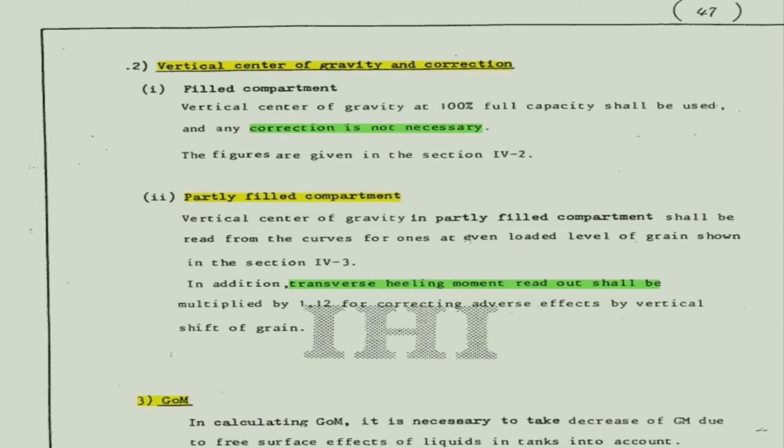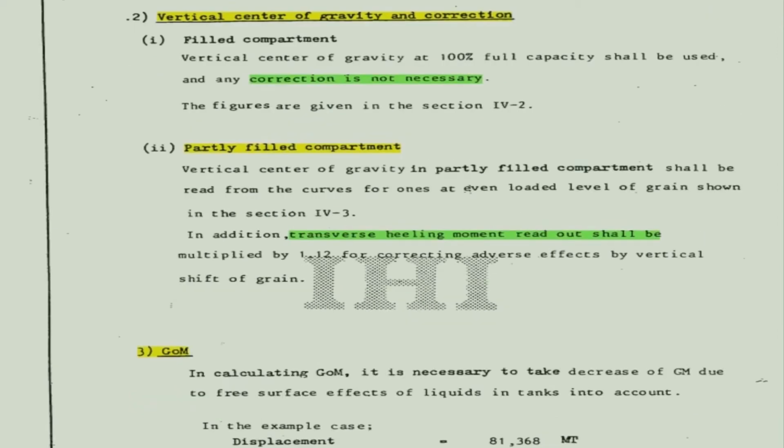If we look here, we'll find vertical center of gravity correction. Also, the same information for filled compartment. We don't need to apply any correction. For partial filled compartment, we should multiply the transverse heeling moment by 1.12 to get the correction.